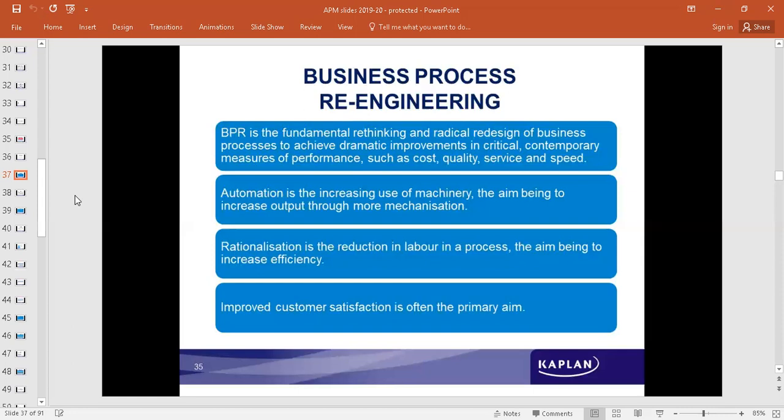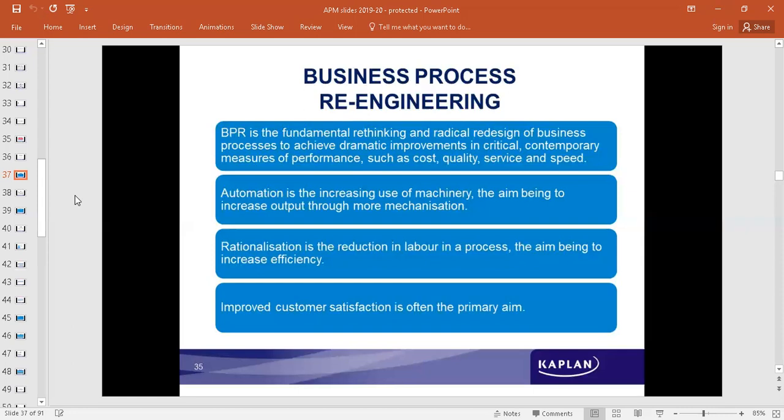Small incremental changes are no longer sufficient, so that the work can be carried on at that level. BPR is the fundamental rethinking and radical redesign of business processes to achieve dramatic improvements in critical contemporary measures of performance.